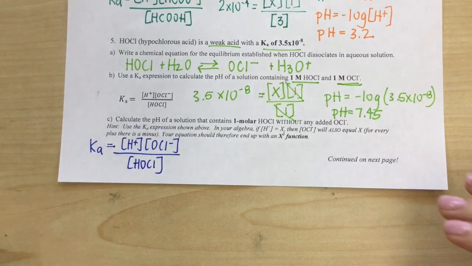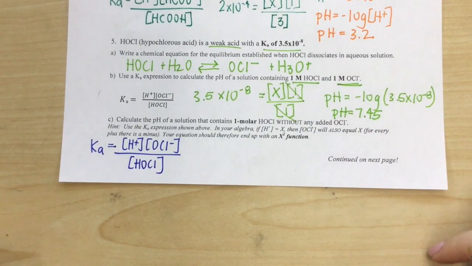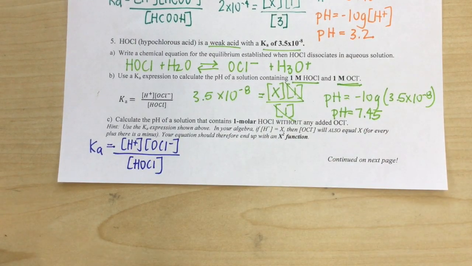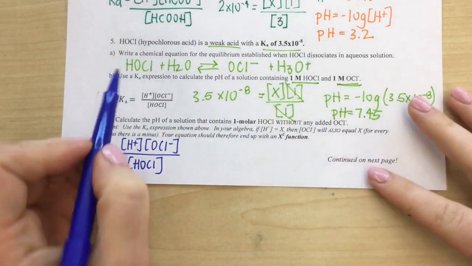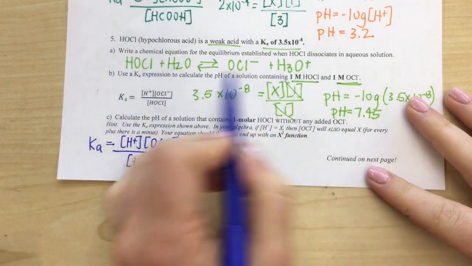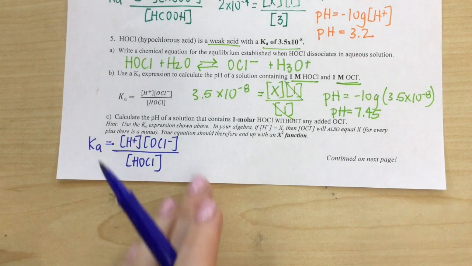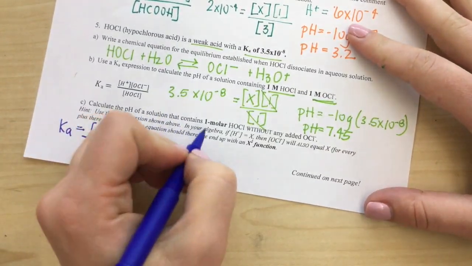So again, this is our Ka expression. And we're saying at equilibrium, what are all these species making? At equilibrium, what's happening? So we put in hypochlorous acid, what shakes out after the equilibrium? And so we can look at our chemical reaction.